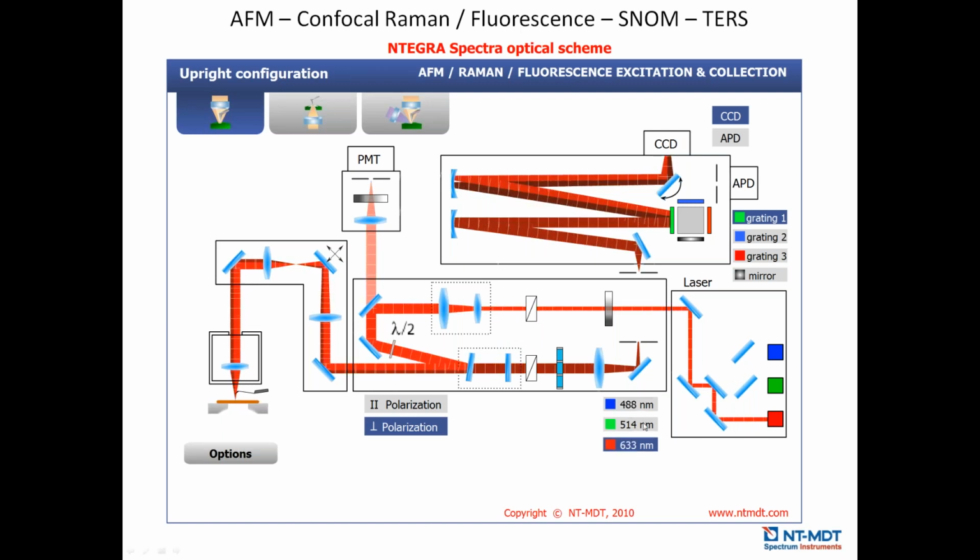In the spectrometer itself, there are 4 different gratings with different dispersion, which cover different wavelength ranges. And not only a CCD can be used to detect, but also an avalanche photodiode to collect fast Raman mapping.